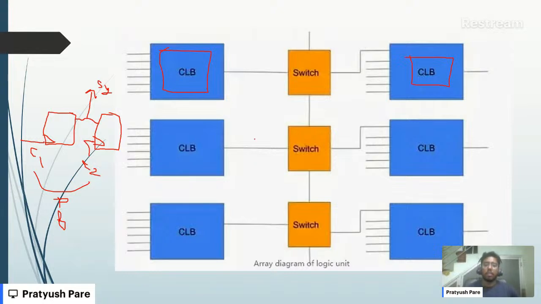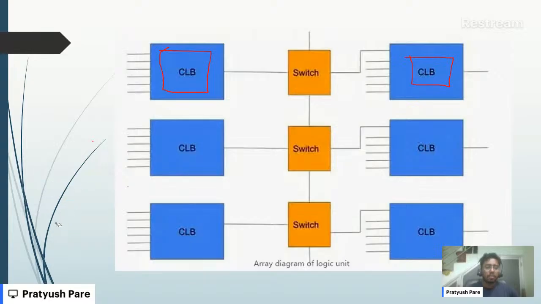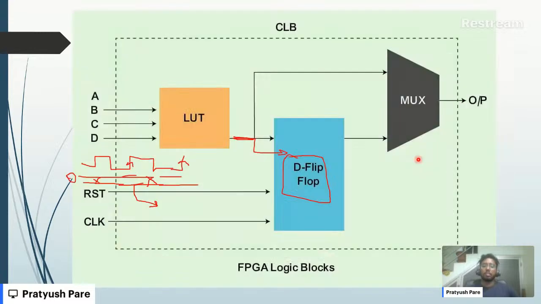So, you guys must be wondering, sir, you talked about the CLBs. I have some logic stored here, some logic stored here. The FPGA is very big, as you said.